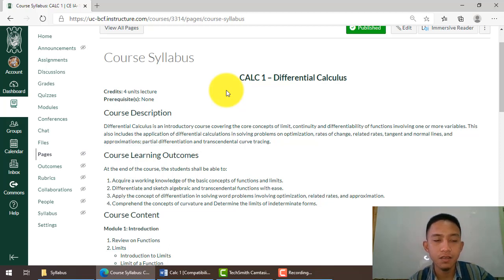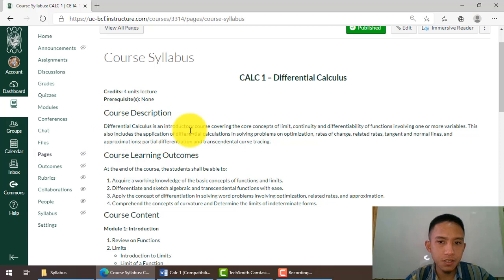So those who did not come from STEM should have this prerequisite. But if you are from STEM or you already finished bridging mathematics, then you can directly enroll in your Calc 1 or differential calculus.